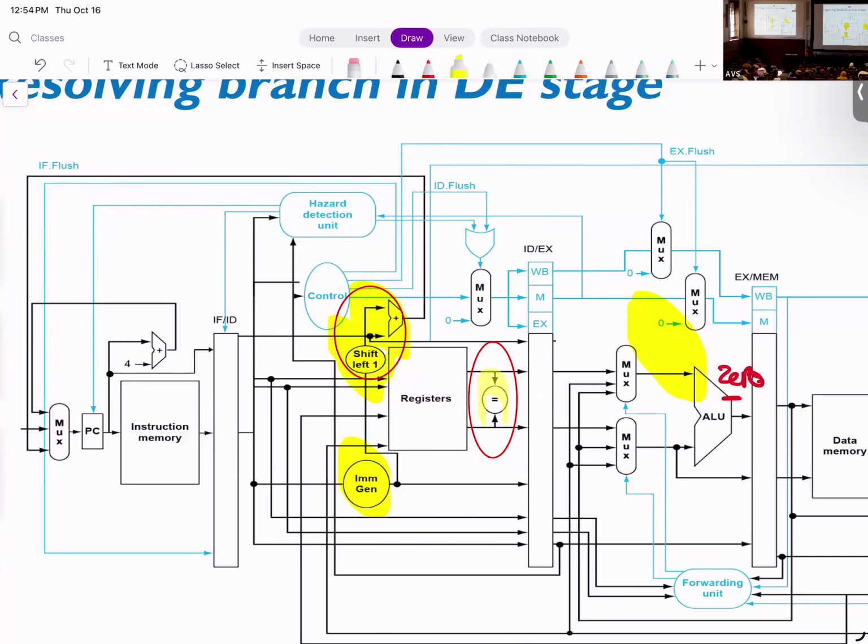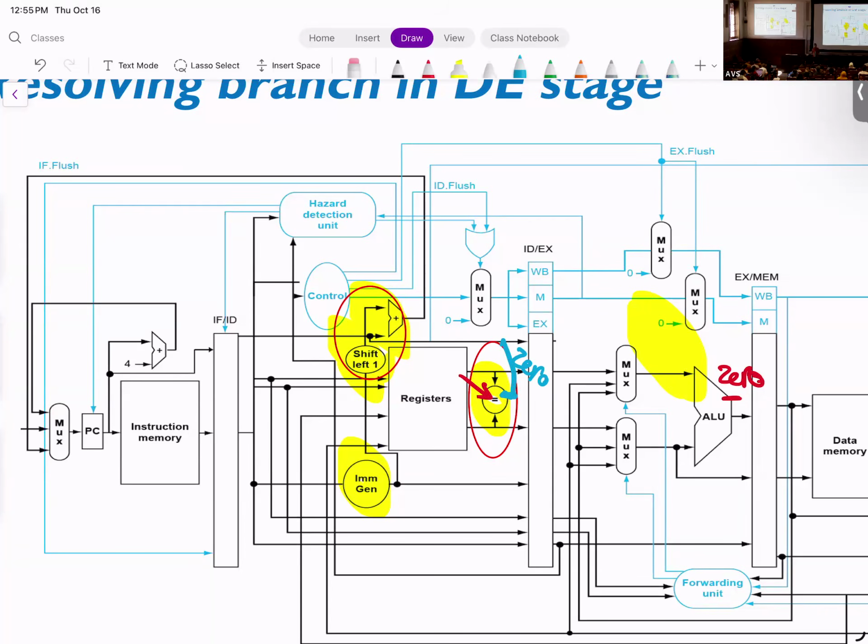Since I need to know whether or not these two registers are equal to each other, for now I'm just supporting branch equal. But if I want to do less than and all that, I basically need to have a mini ALU here that can give me the answer to that question as well. And from here, I will create another control signal. I'm not showing it here, but this would be my zero, okay? So the zero comes out from here.